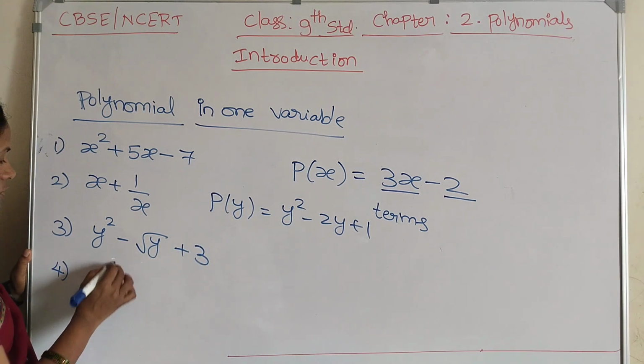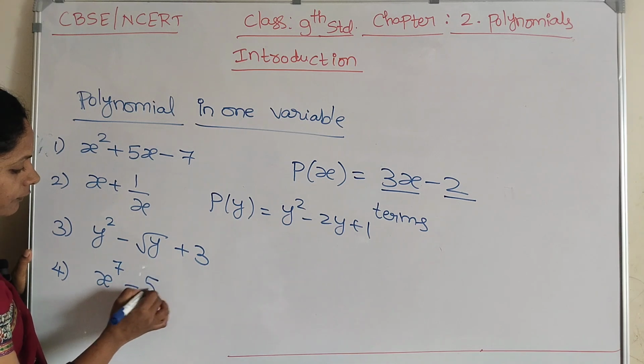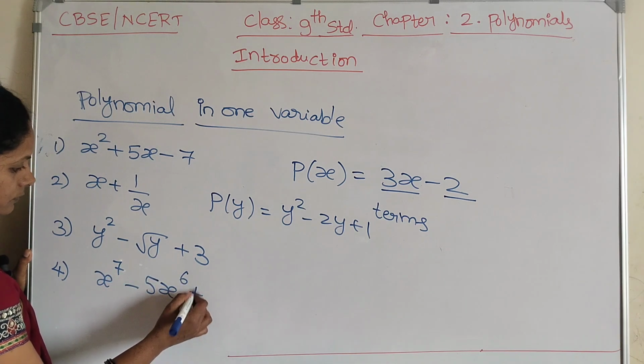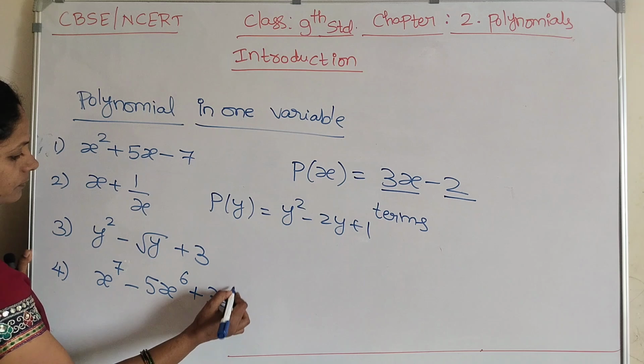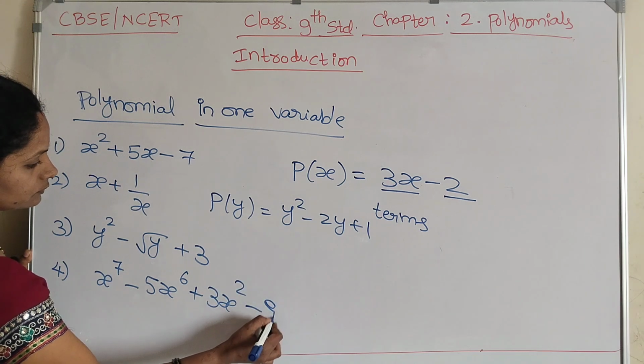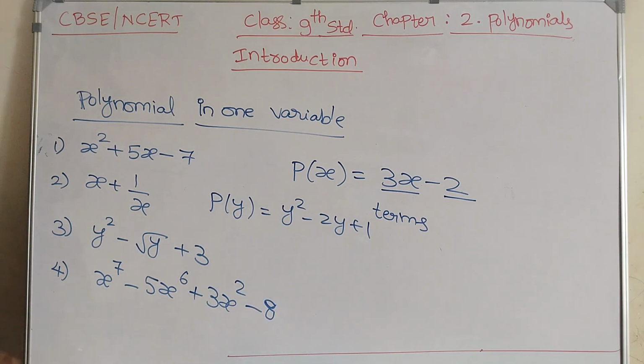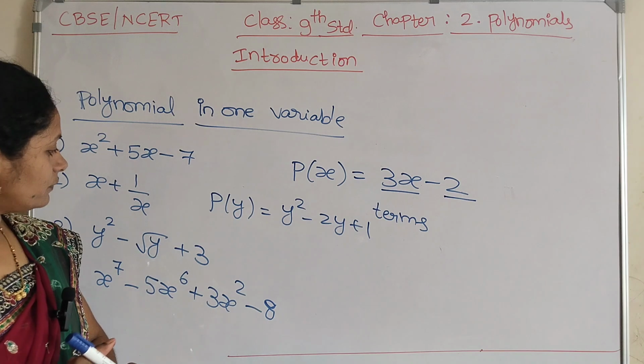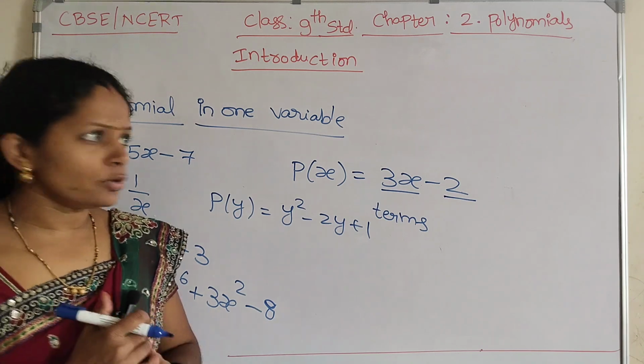Fourth one, x to the power 7 minus 5x power 6. Now, let us discuss which of these are polynomials and which are not.